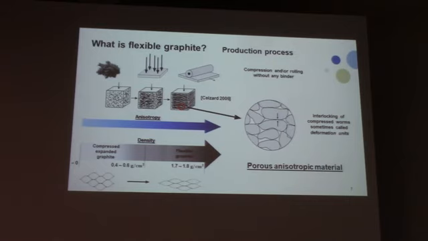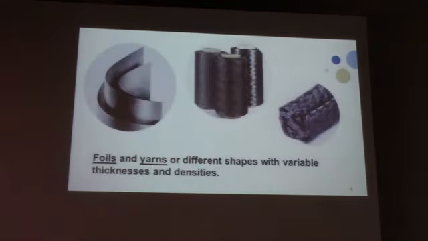So we can say that flexible graphite is a porous material, and is only carbon, graphite, and air inside, and is strongly anisotropic. From a commercial point of view, we can have different shapes of this flexible graphite.